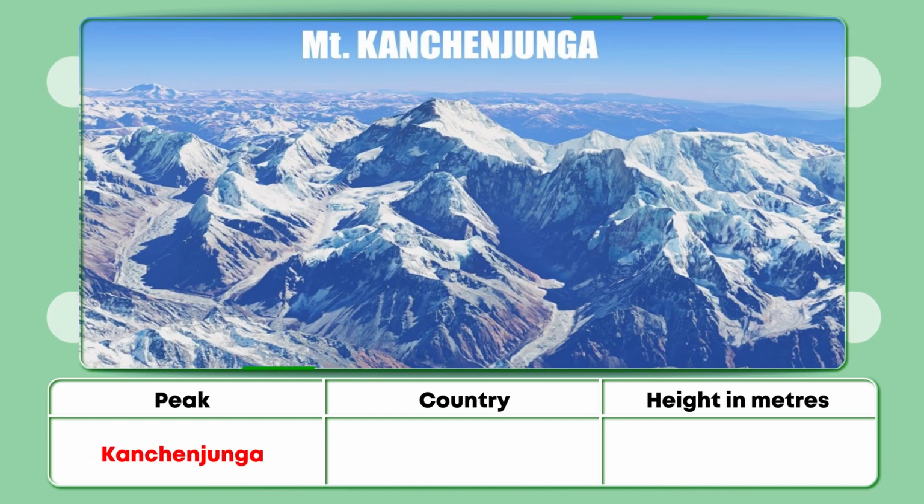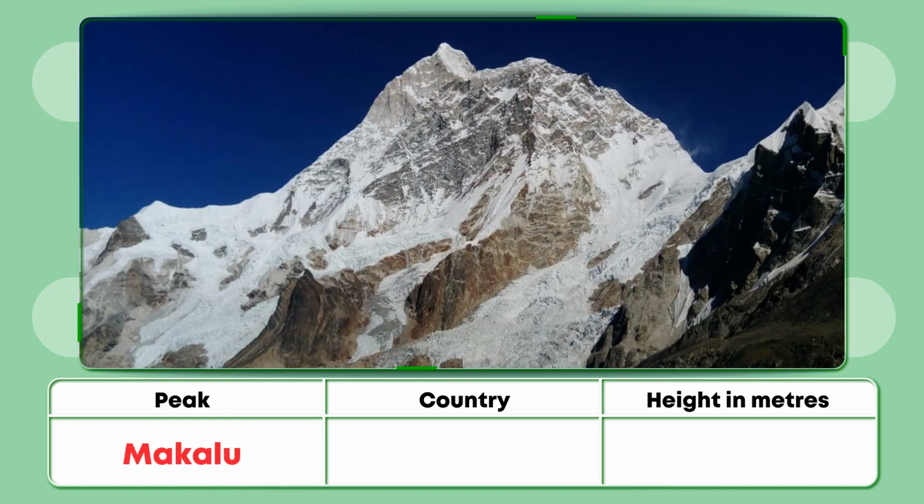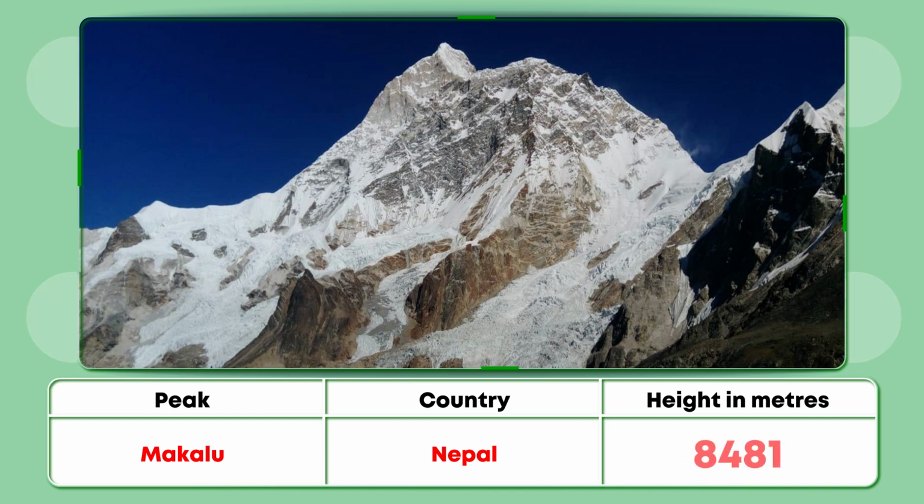Kanchenjunga, India, 8,598 meters. Makalu, Nepal, 8,481 meters.